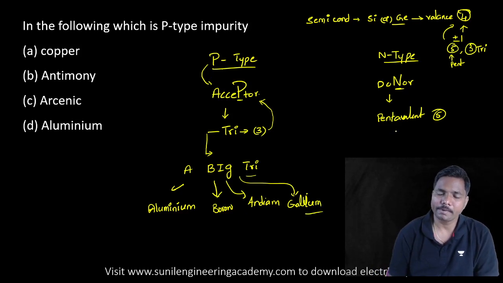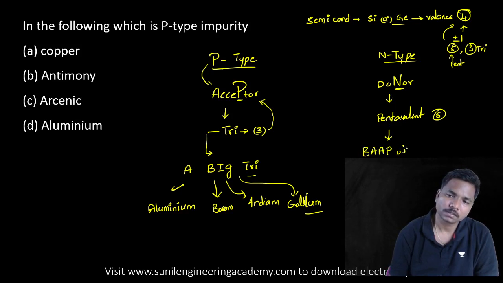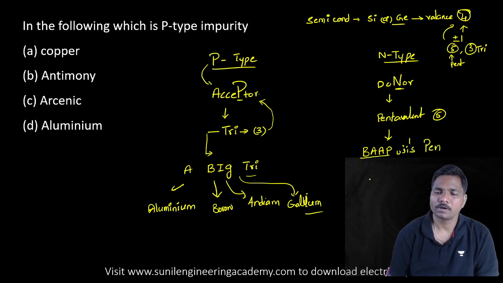And coming to the N-type impurities, Bapuji's pen. Who donated the freedom to Indians? Bapuji donated the freedom to the Indians. So like that you can remember BAP.